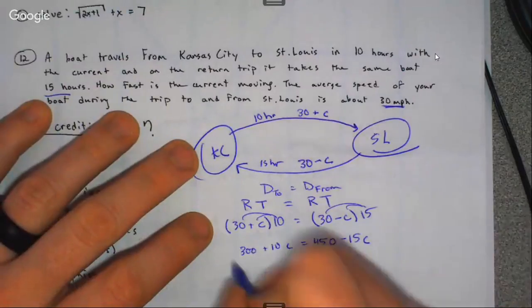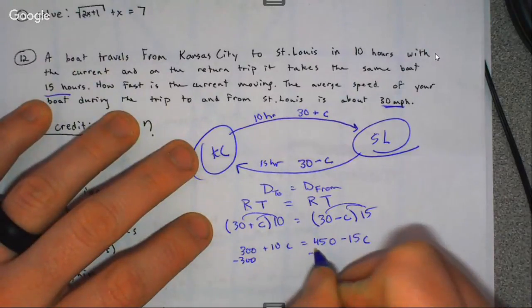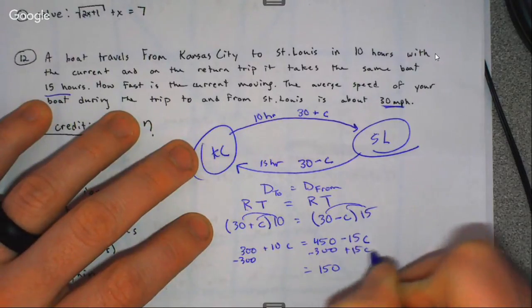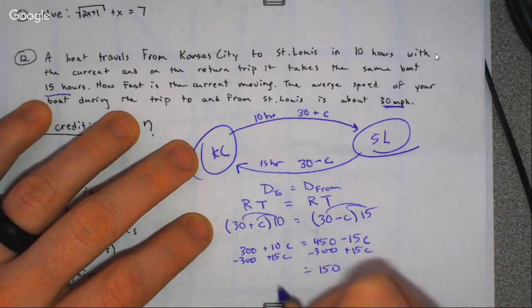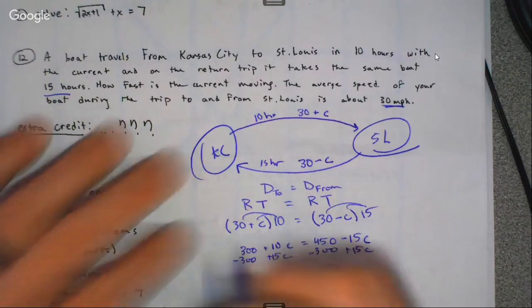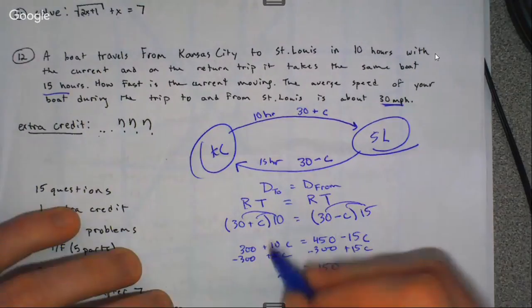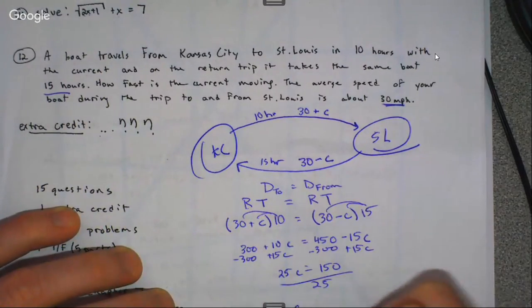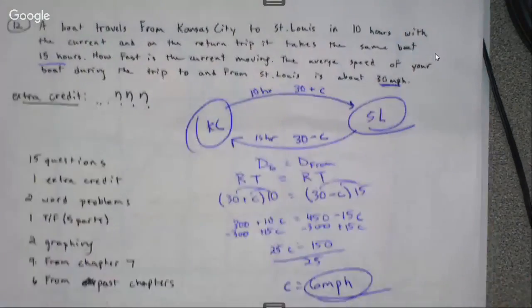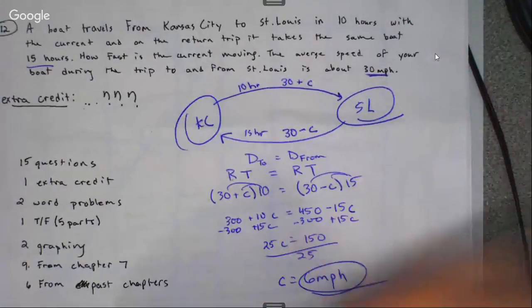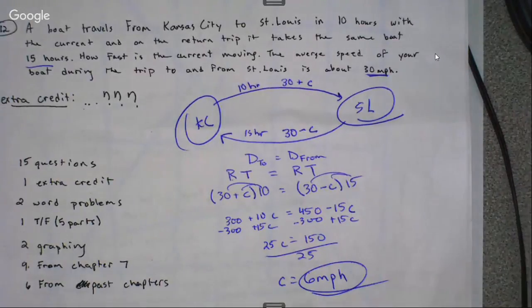Let's see, we'll subtract 300. 150, add 15C, 25C, and then you'll divide by 25, and the current is 6 miles per hour. Okay, so you just have to pay attention as to which direction the current is going in order to figure out how fast it is.